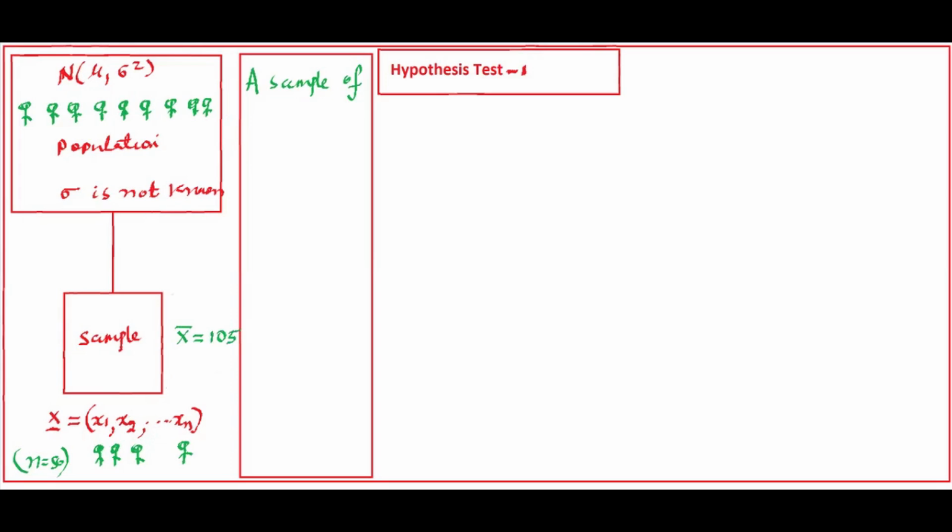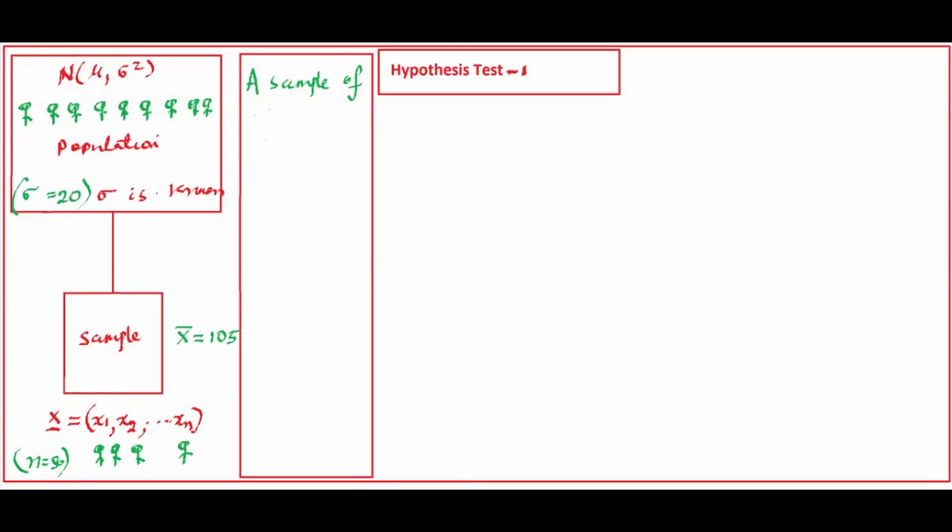Now here also they've given sigma is known. Let me take sigma is equal to 20. So you know sigma, you know n.